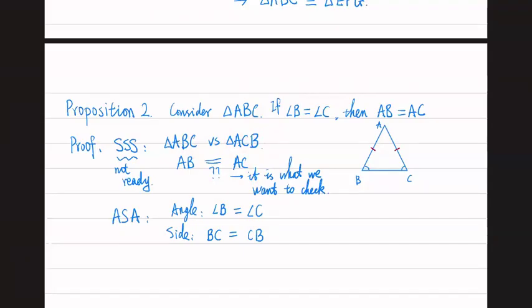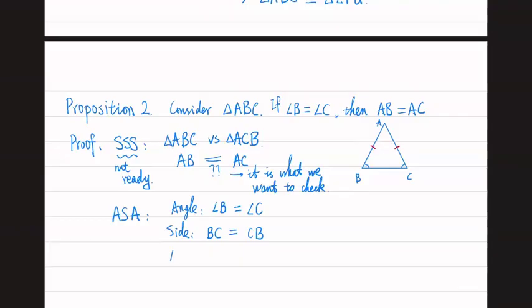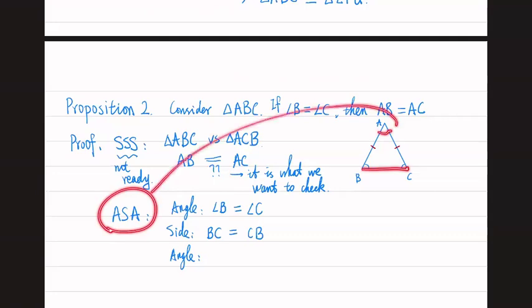Aaron, I want to pick another pair of angles. Can A be an angle? We want to apply the ASA, and we picked this side. Could we use angle A in the theorem? No. Okay. So what should we use?